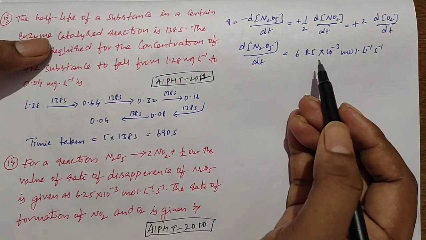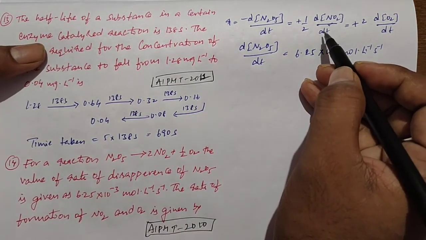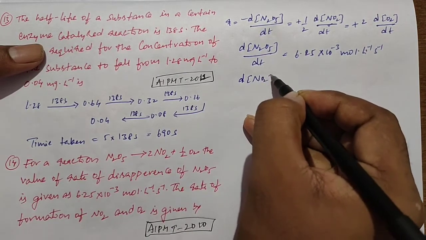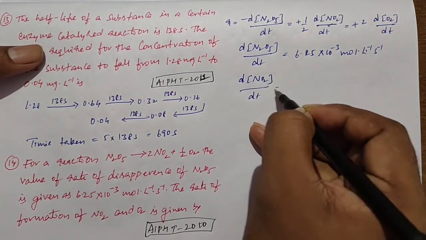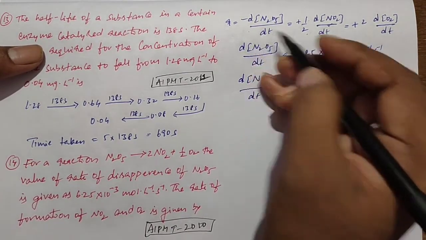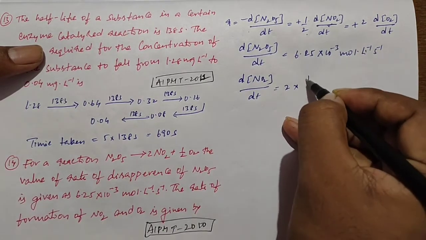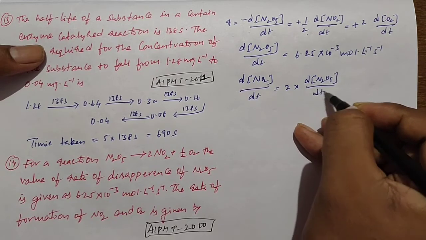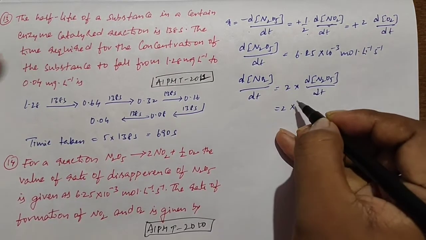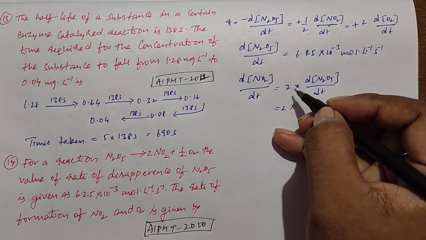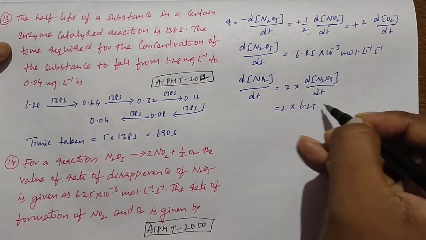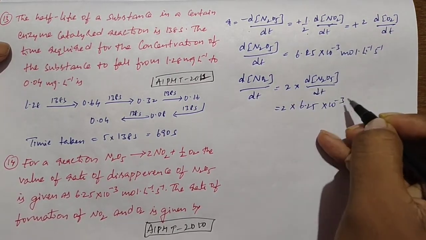So based on this, first we need to find the rate of formation of NO2. So d[NO2] by dt is equal to, sending 1 by 2 to this side, we get 2 into d[N2O5] by dt, that is equal to 2 into 6.25 into 10 power minus 3.